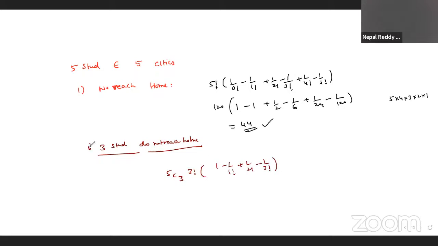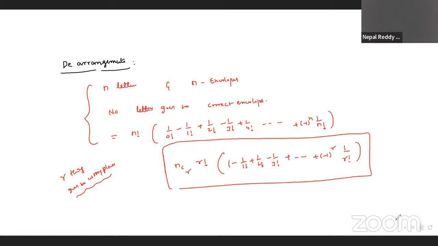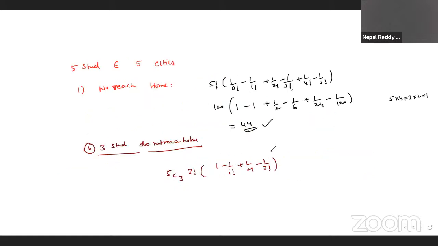Only 3 students do not reach home means R letters go to wrong envelopes, right? 5C3 into 3 factorial. 3 factorial value is 6.